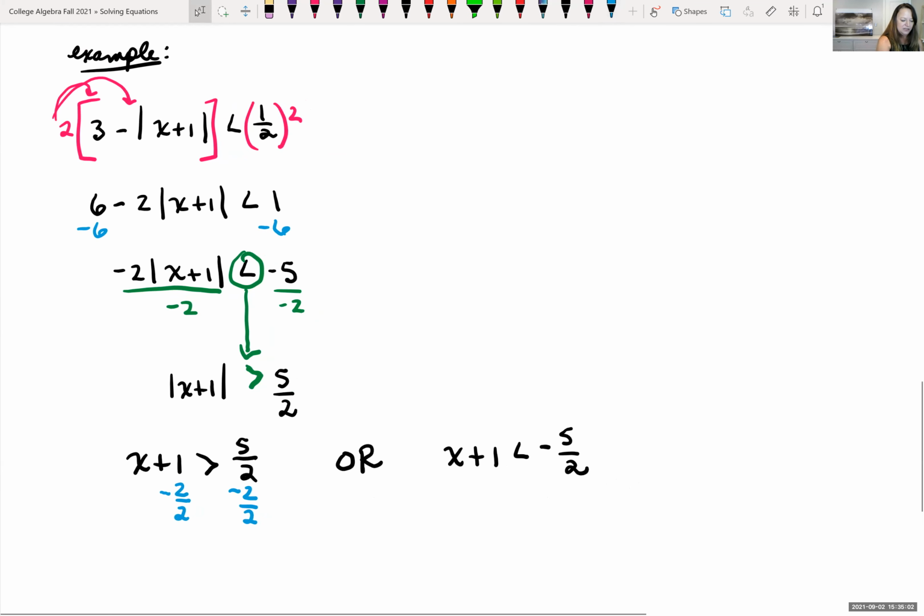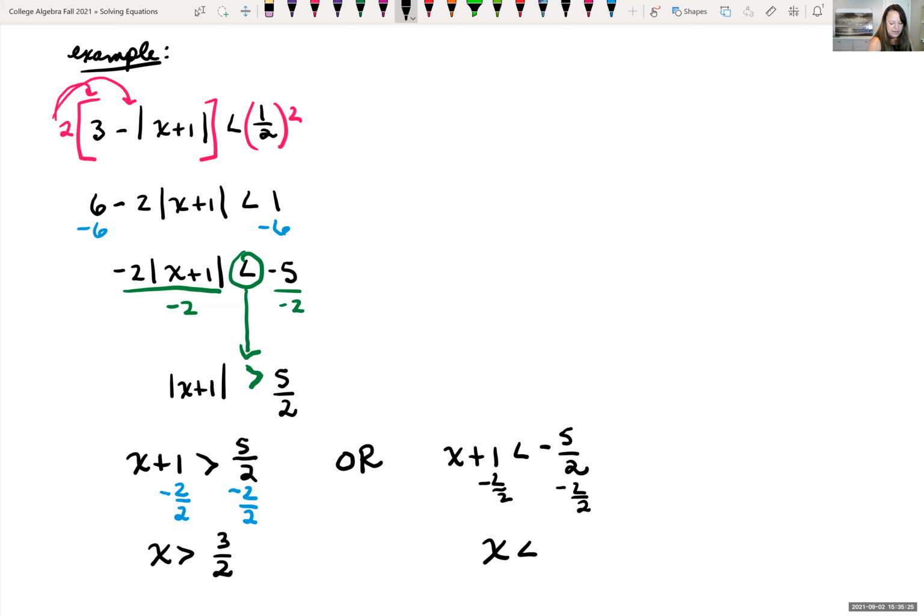So I get x is greater than 5/2 minus 2/2, which is 3/2. Same idea here. When we're subtracting 1 on both sides, let's write it with a common denominator, 2/2. So in this case, we get x is less than -5/2 minus 2/2, which is -7/2.